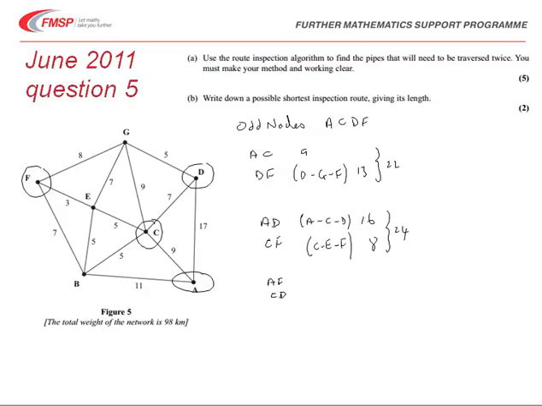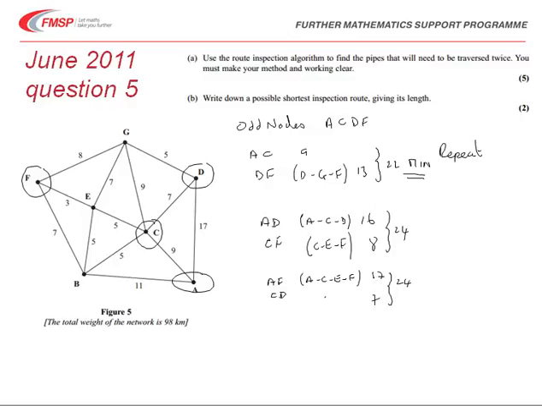And from A to F, the actual route is ACEF, A to C to E to F, and that is length 17, whereas from C to D is 7, so giving again a total of 24. The shortest, or the minimum value, is here at 22, and therefore we need to repeat those arcs.